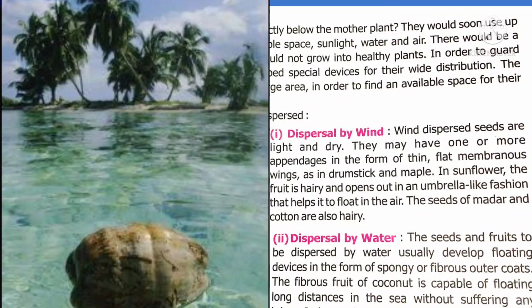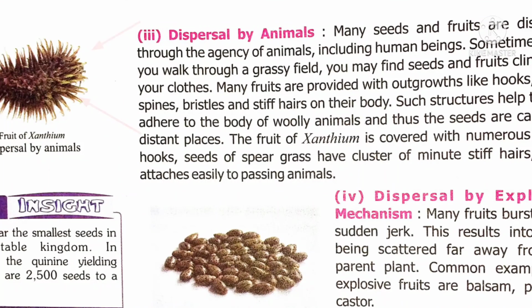Mainly the seeds which float in water like coconut, lotus, etc., are dispersed with the help of water bodies. Some seeds have hook-like structures on their surface which stick onto the bodies of animals. When these animals move to faraway places and shake their bodies, these seeds fall from their body and germinate into new plants.